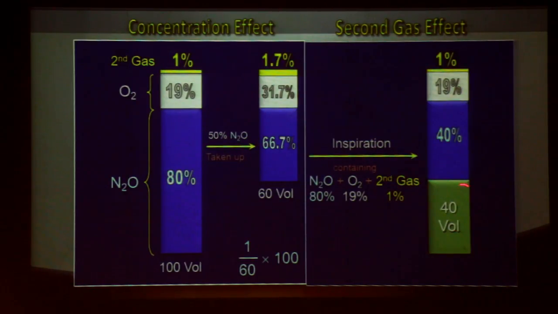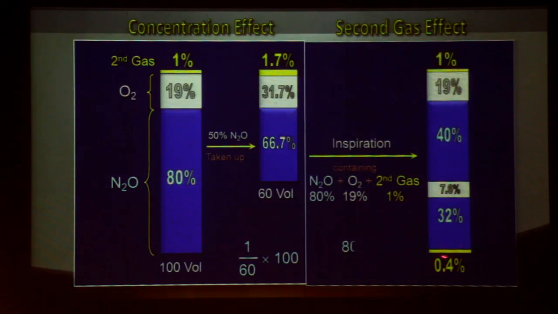He is trying to compensate for the 40% volume which has been lost. So you will see that these gases compensate for the loss which has occurred here. So he will have another 7.6% oxygen coming here, 32% of nitrous oxide coming here, and another 0.4% of the second gas or the inhalation agent coming here.